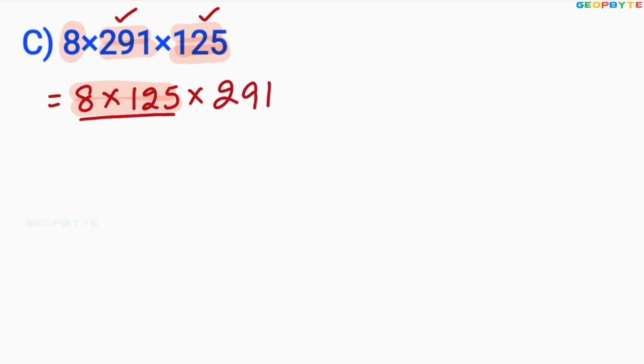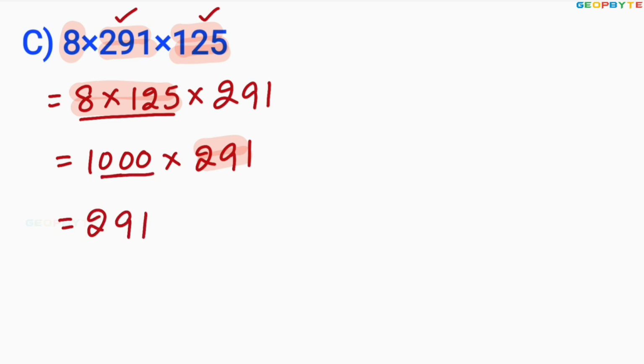This 8 multiplied by 125 is 1000 into 291. The answer is, you first write this 291. How many zeros are there? 3 zeros. Put them 0, 0, 0. You got your answer. 291,000 be the value of 8 into 291 into 125. I hope you're all clearly following.